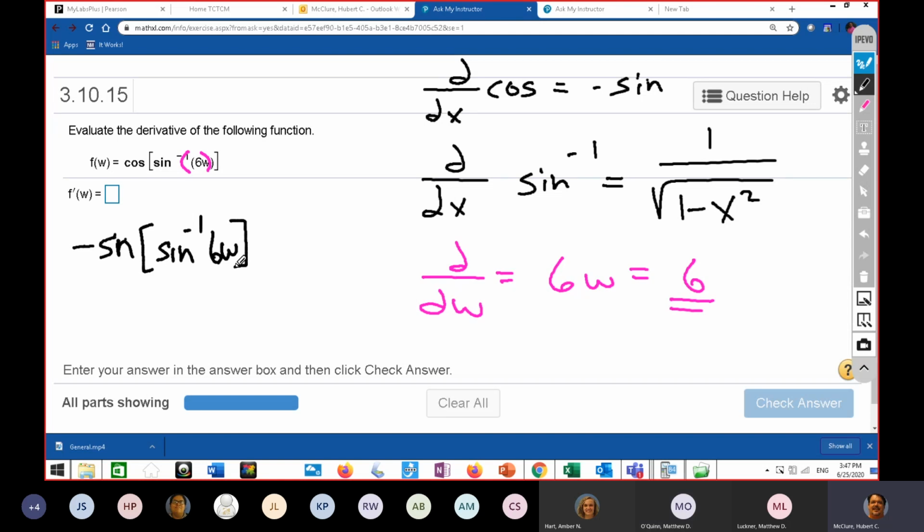Okay, so I just took the derivative of the cosine of blank, the negative sine of blank. Now I've got to take the derivative of what's in the brackets. The derivative of what's in the brackets is 1 over the square root of 1 minus parentheses squared. And what goes in the parentheses? 6x, 6w, whatever you call it.